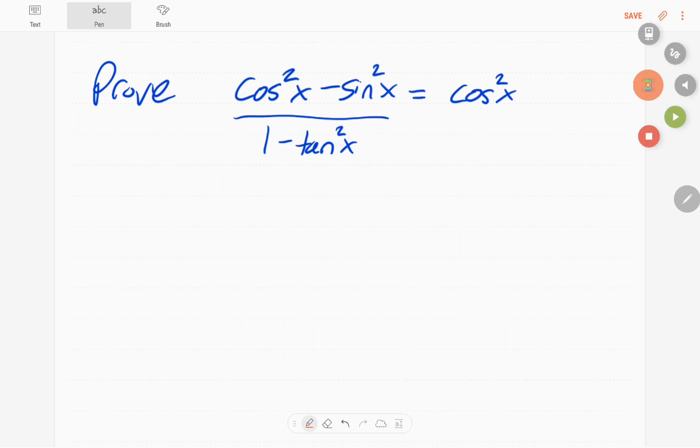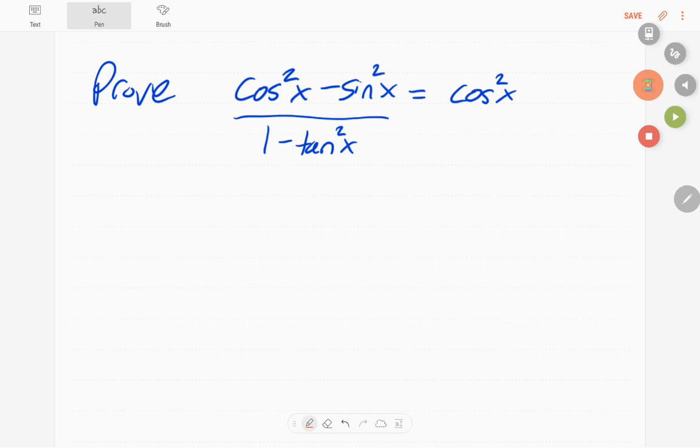The only one I can do is that bottom piece. So that bottom piece is really 1 minus sine squared of x over cosine squared of x, which I'm not sure what might happen there, but I see there's that 1 in there.